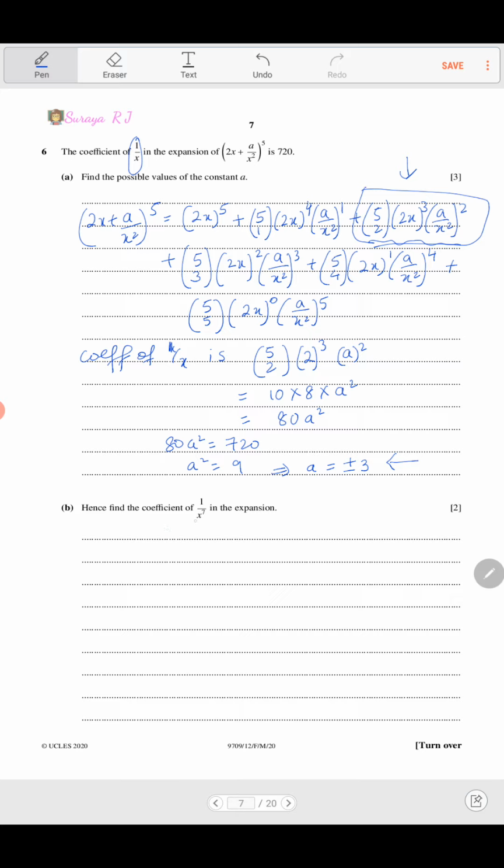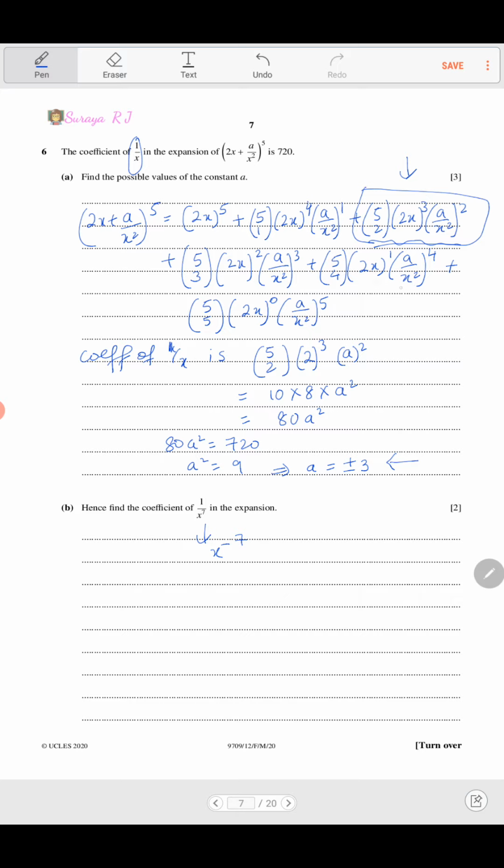Hence, find the coefficient of 1 over x power 7 in the expansion. So 1 over x power 7, that is x power minus 7. So we look for the term which will give us coefficient of x power minus 7. So here we have 2 over x power 5, this is coefficient of x power minus 3. Here we have x, and then in the denominator we have x power 8.